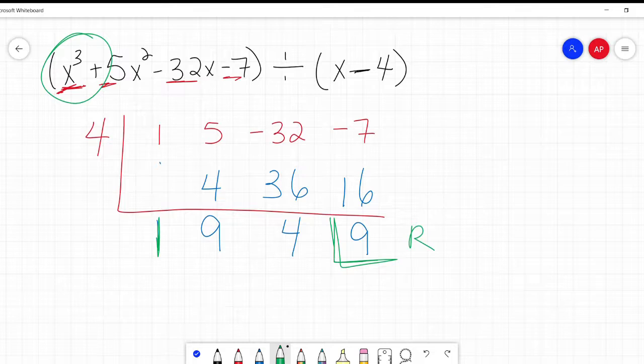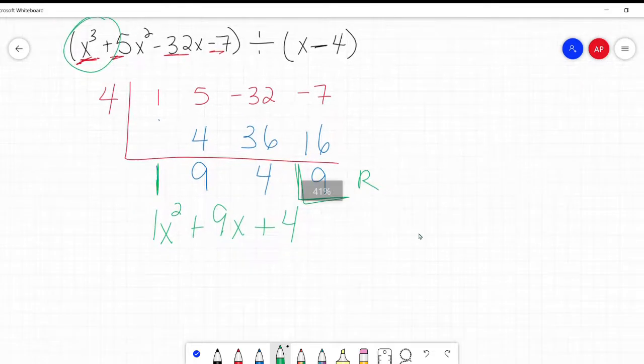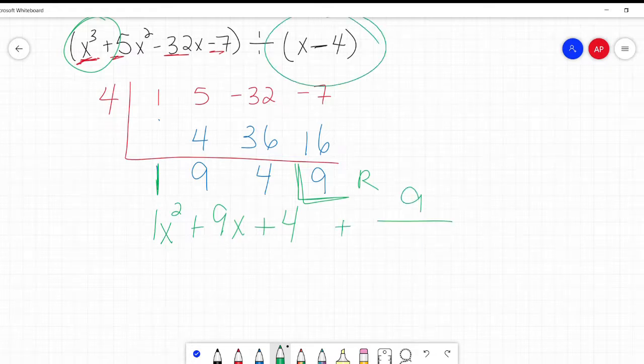So you're going to start with an x squared. Then I just go down the line: 9x, 4. My remainder is 9, so if you remember this from the long division of polynomials, you write your remainder over whatever your divisor was, x minus 4. So x squared plus 9x plus 4 plus 9 over x minus 4.